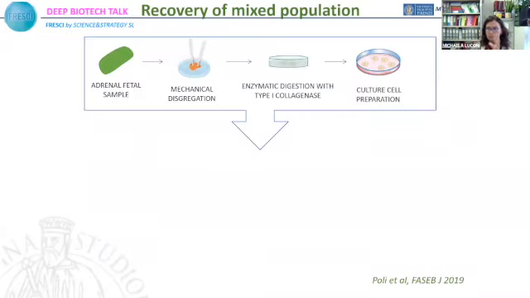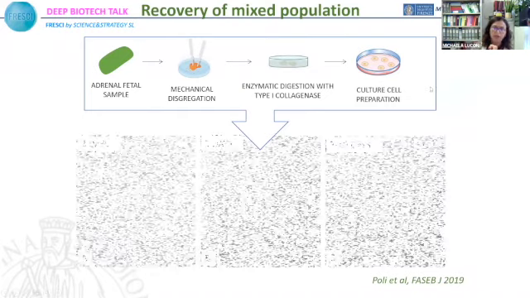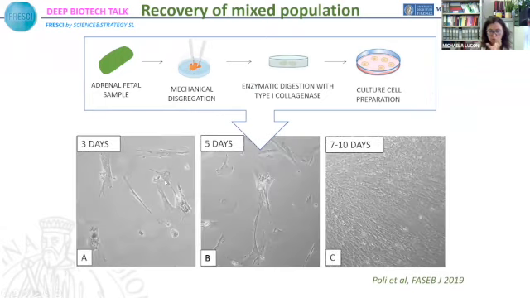From the aborted material of 10-15 fetuses, we derived a mixed primary cell culture. You can see here the morphology, so there are both medullary and cortical cells.